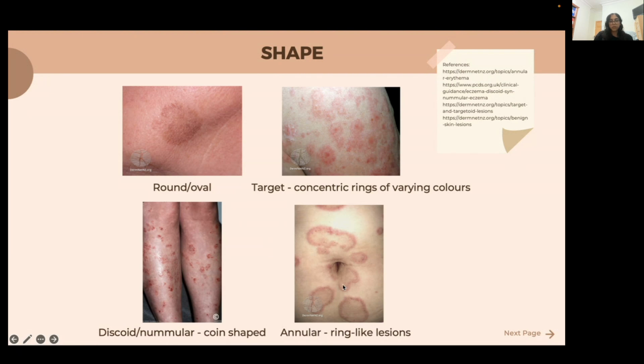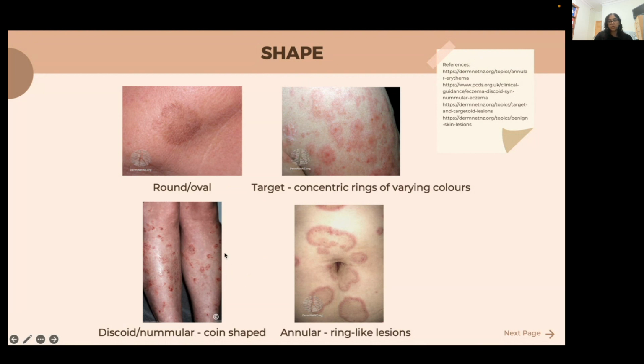Whereas annular lesions, this is where it's got a more pale center and then a darker border on the outside. So annular tends to be just two different colors. And then we can also use the term discoid or nummular. So this basically just means coin shaped.